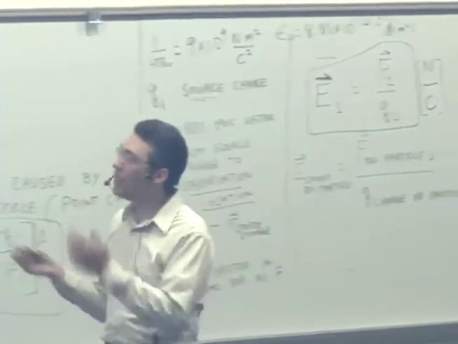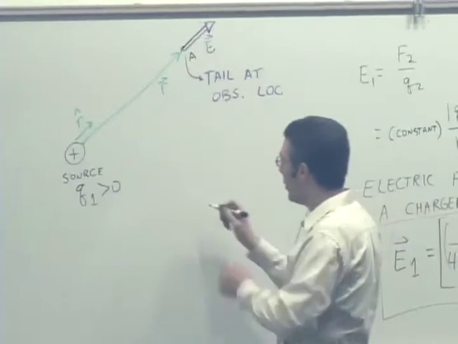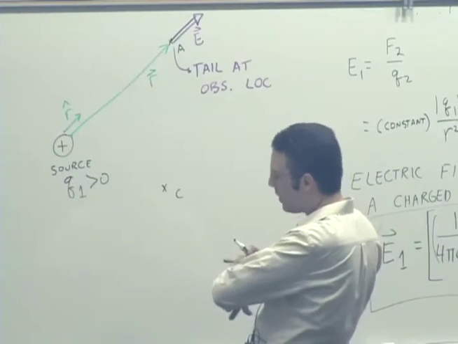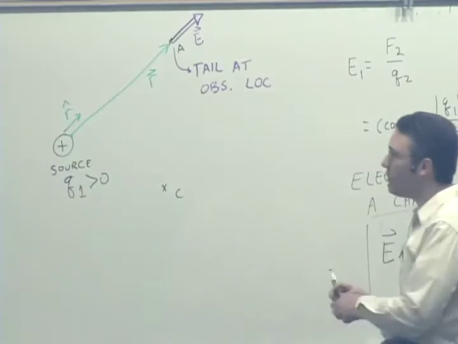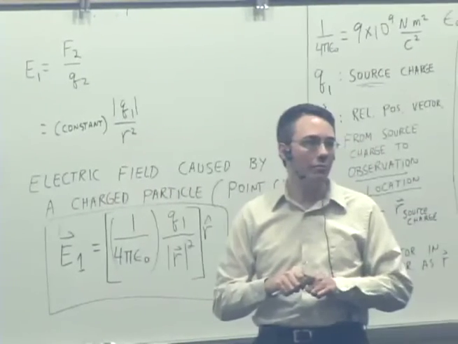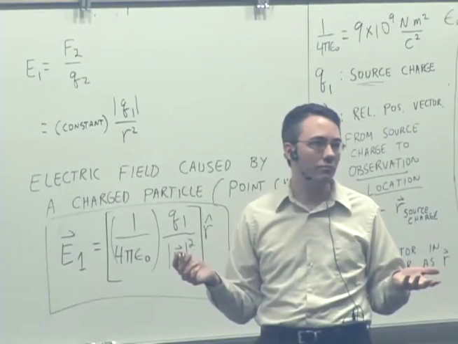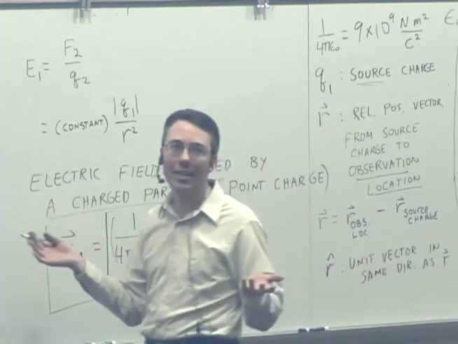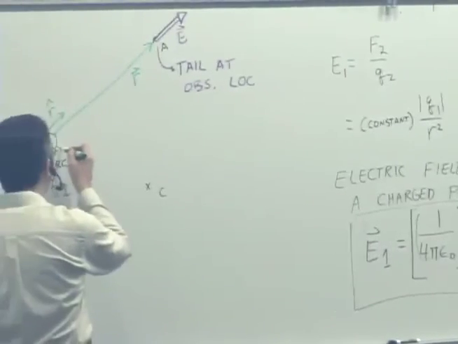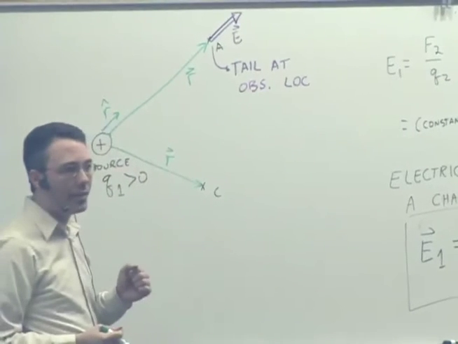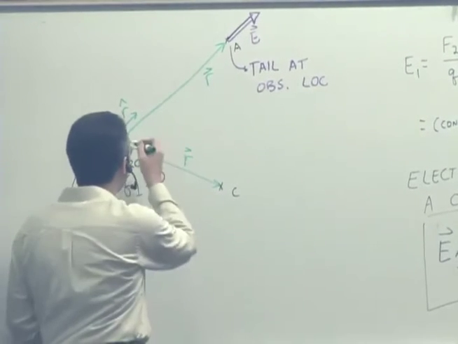Okay, so let's think about another observation location. Let's call this location C. We've got some time, good. The R vector in this case points from where to where? Starts at the source and ends up at C. Okay, so the R vector in this case points there, which means R hat points same direction.